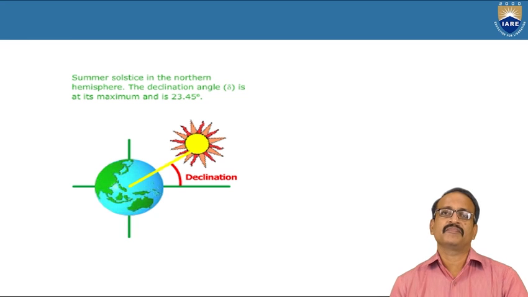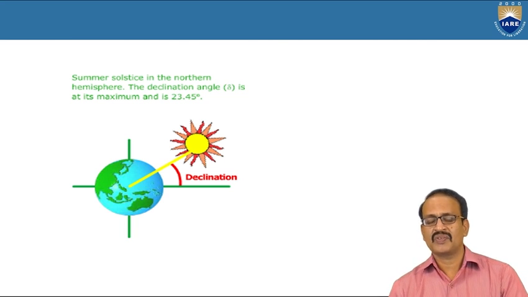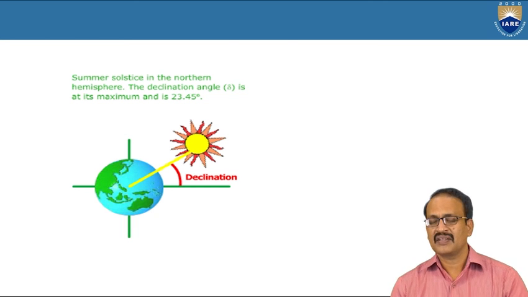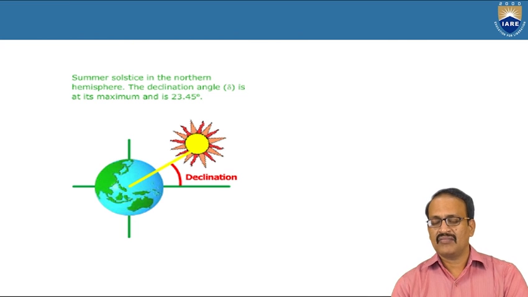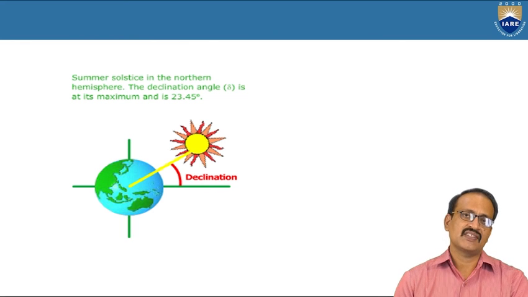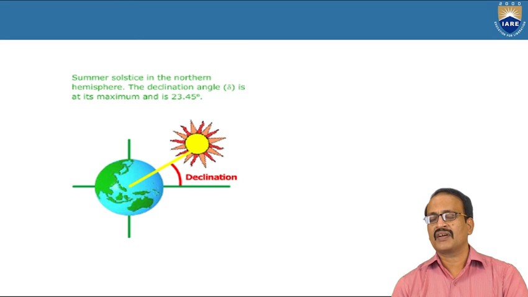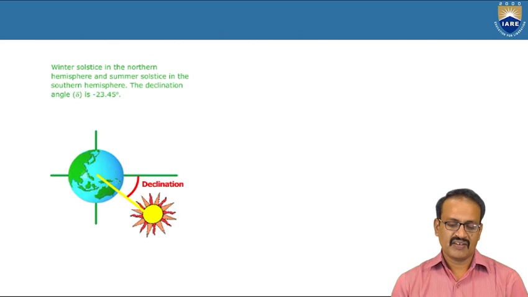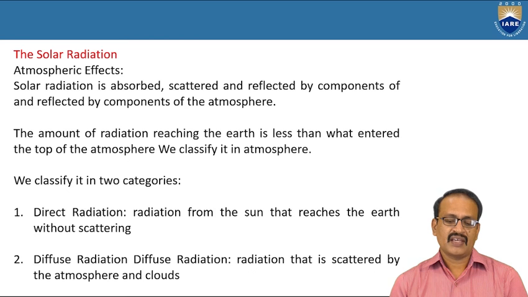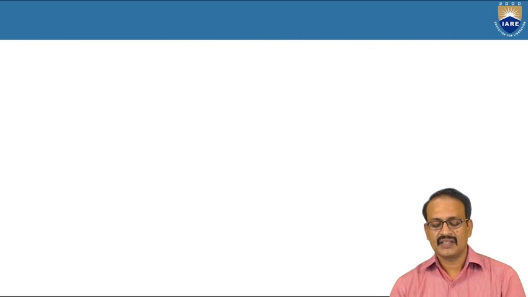In the summer, the angles will be the same, the azimuth angle is the same as on the remaining days, but the energy tapping capacity varies between summer, winter and rainy seasons because of the water vapor in the atmosphere and because of the clouds. So this also plays a vital role in making our electrical energy from sunlight.